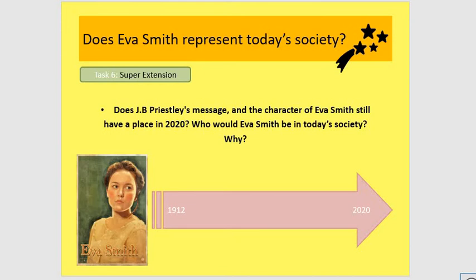Okay, so task 6, I'd like you to answer this question. Does J.B. Priestley's message and the character of Eva Smith still have a place in society in 2020? Who would Eva Smith be in today's society and why? So, does Eva Smith have echoes of today?